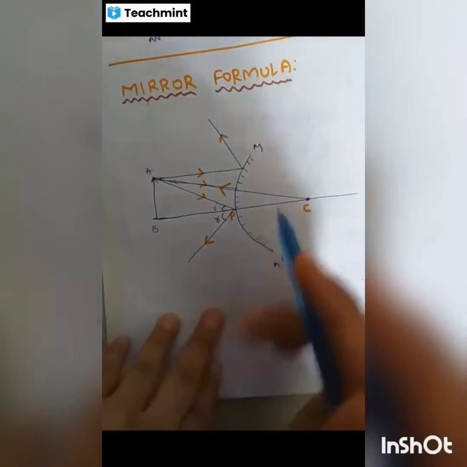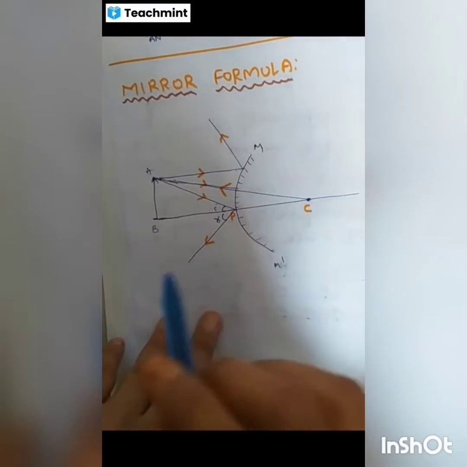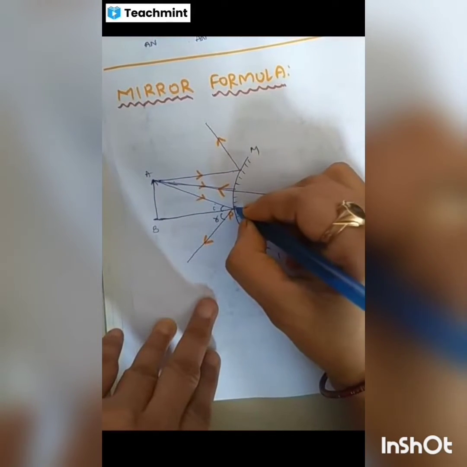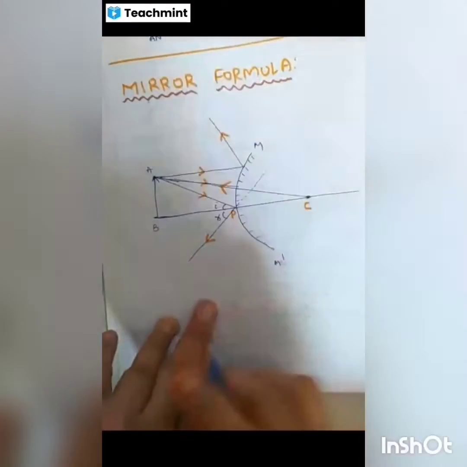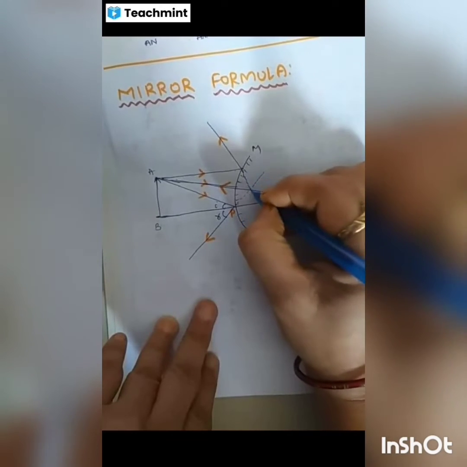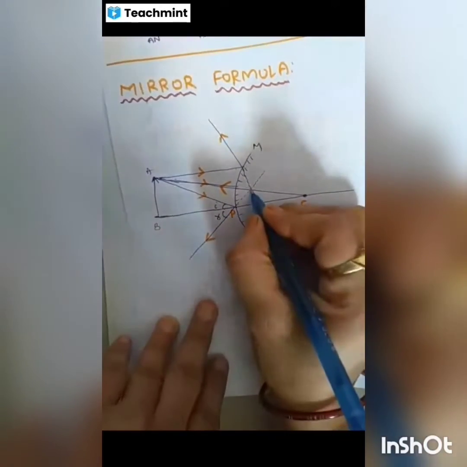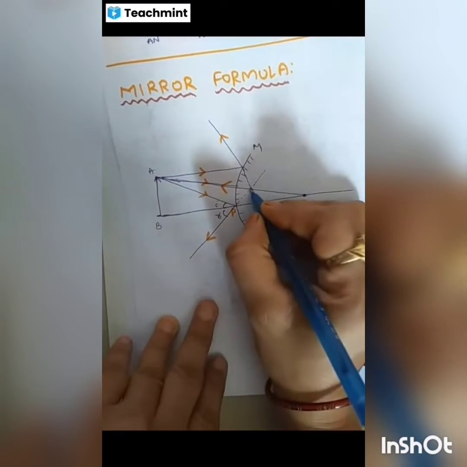Right, so where we get the image is important here. Where all the rays focus or converge at a point, there we get the image, right? So see here, if we extend this ray and also if we extend this ray, all the rays are converging at this point, no? Here we get the image.